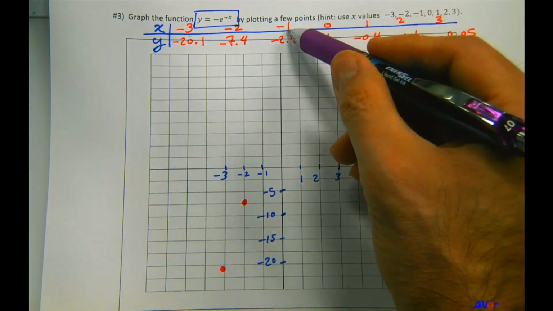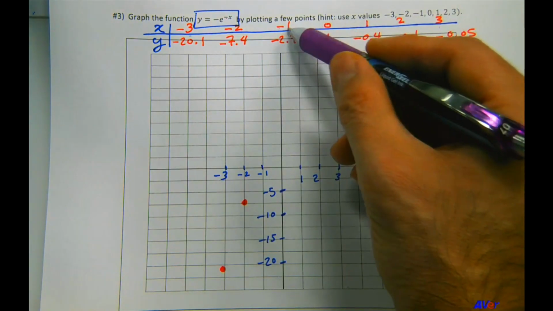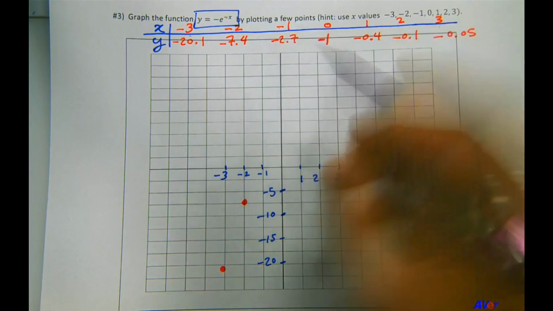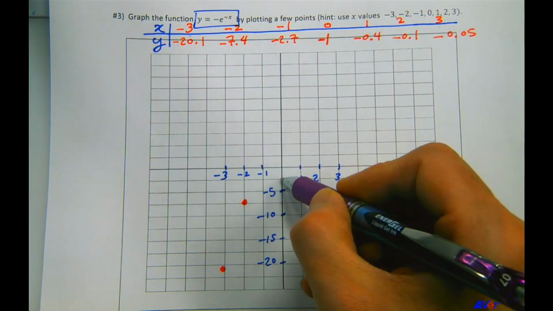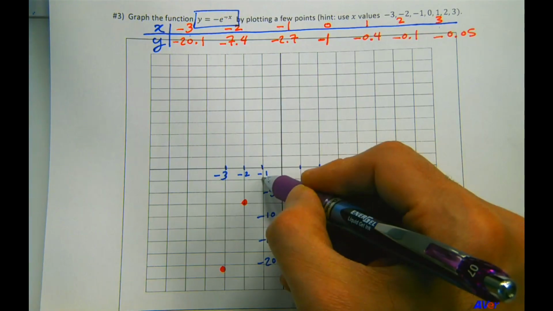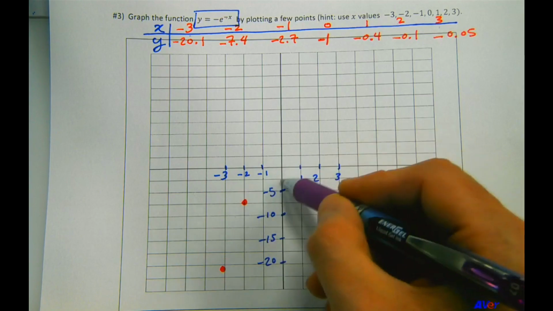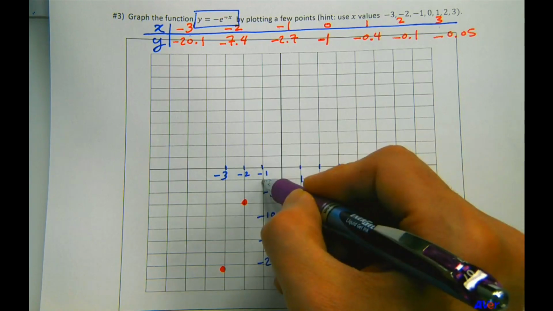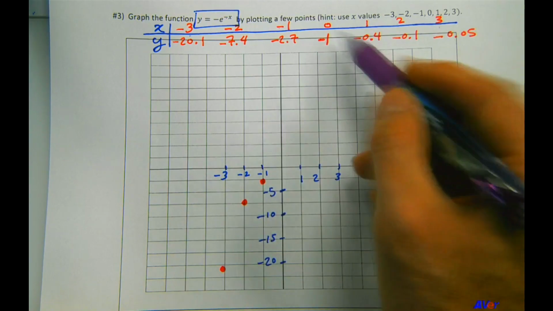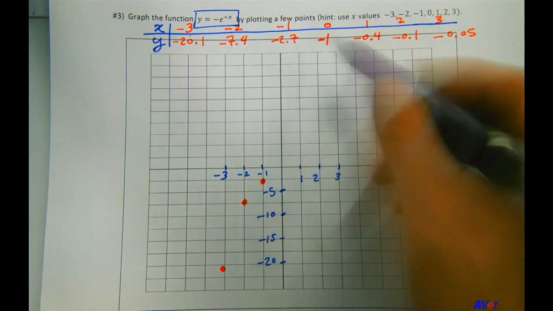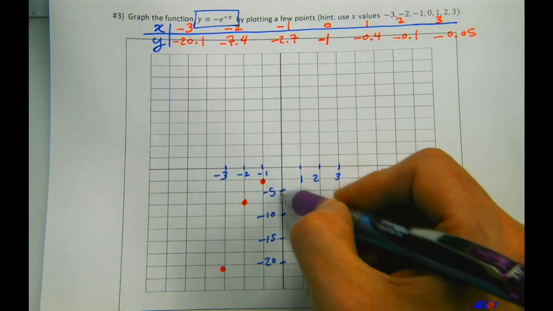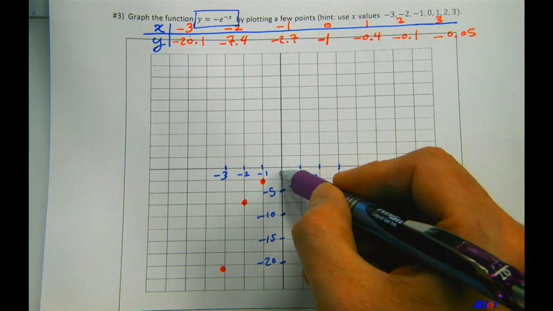Negative 1 comma negative 2.7. Negative 1, negative 2.7. Right there. A little bit, because this would be negative 2.5. Negative 2.7 is a little bit closer towards negative 5. Like that. Then 0 comma negative 1. If this is negative 5, then 0 comma negative 1 would be somewhere here.